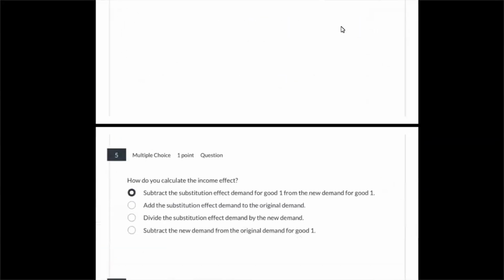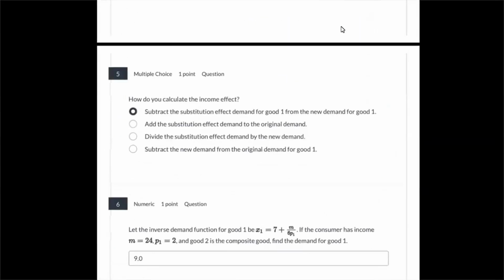And then question 5, how do you calculate the income effect? So once we found that substitution effect, we know that it goes from X1 substitution effect, and then X1 prime. So going from here to here, that's the total effect on the demand for good one given the price change. And going just from here to here, that's the substitution effect. Going from here to here is the income effect.